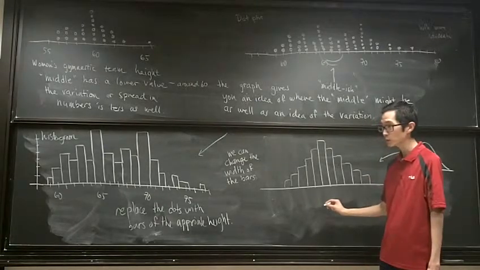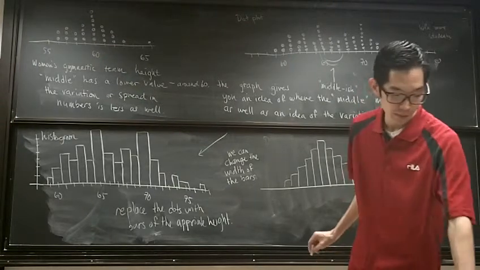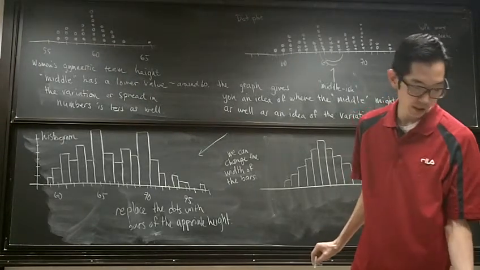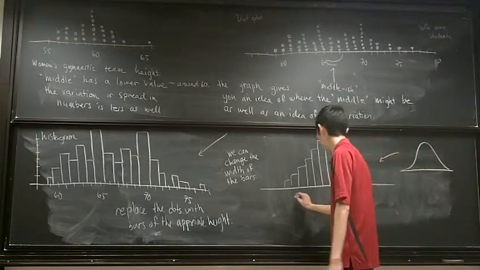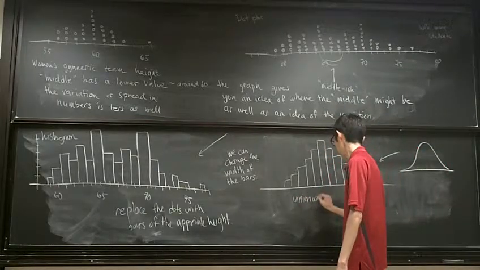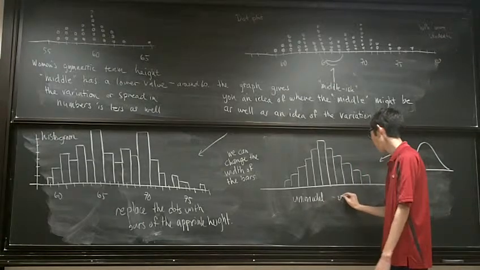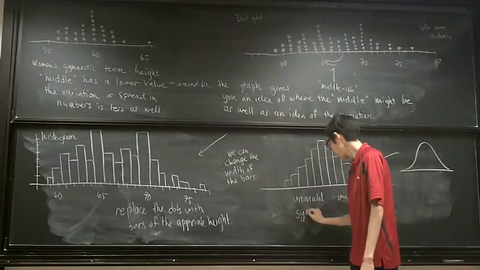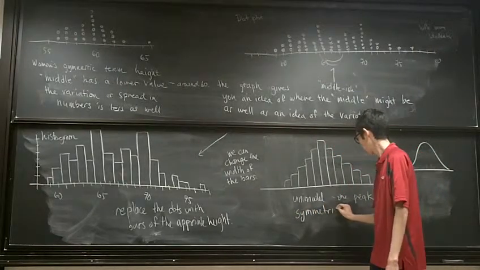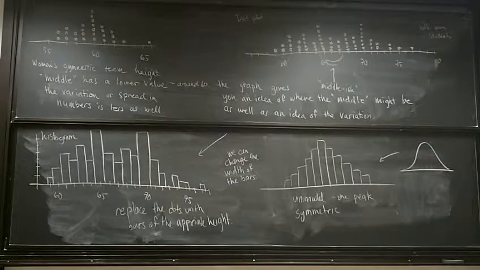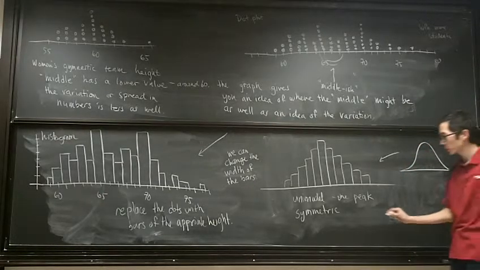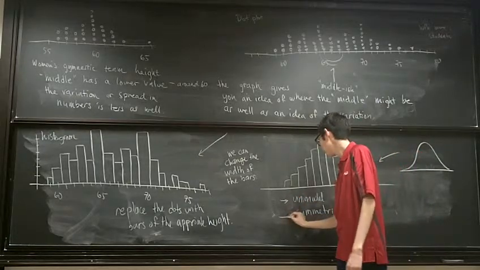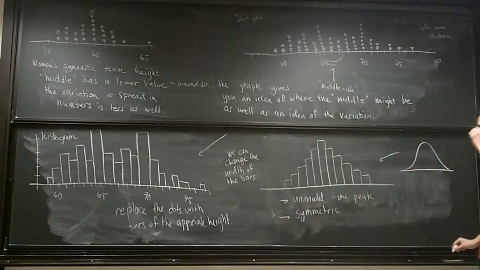We describe the shape of this histogram as being unimodal, which means one peak, and symmetric. So there are two words that we use to describe it: unimodal and symmetric. One peak and symmetric, meaning we see some symmetry.